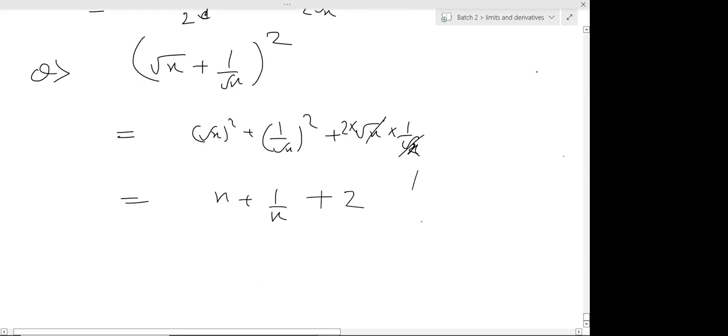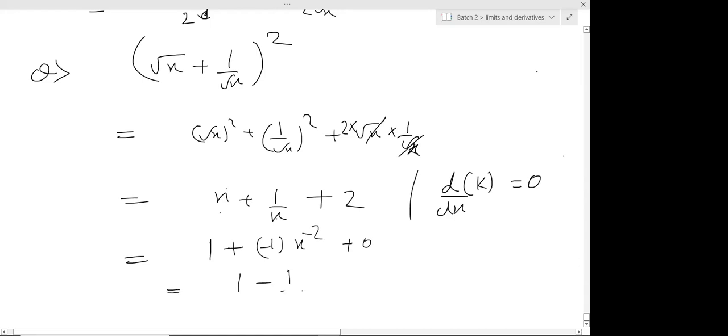All right, d by dx of any constant k is 0. So this is x raised to the power 1. So differentiation of that is 1. All right, n into n minus 1 you can calculate, plus this is x raised to the power minus 1. So this is minus 1 into x raised to the power minus 2 plus 0.